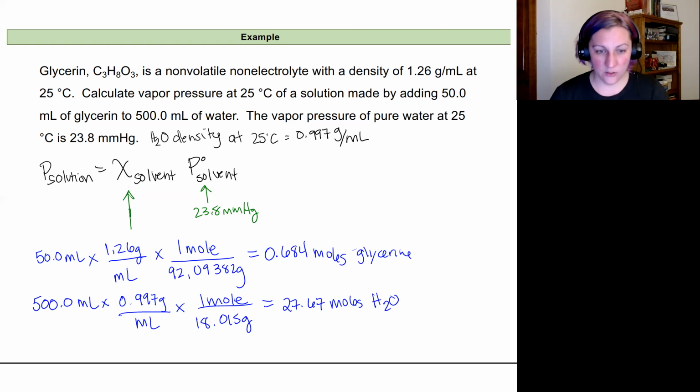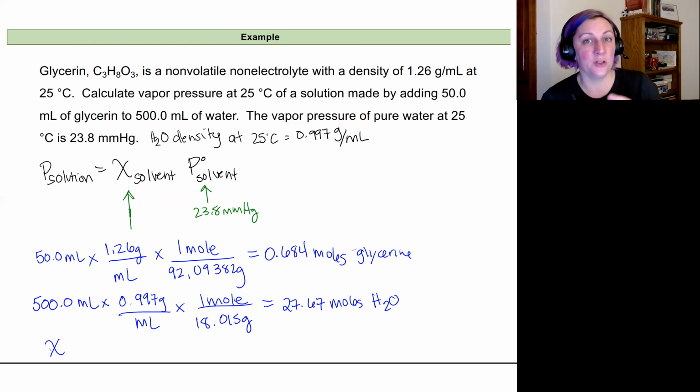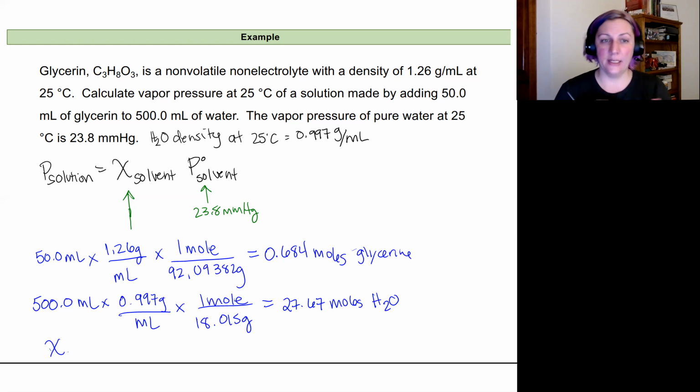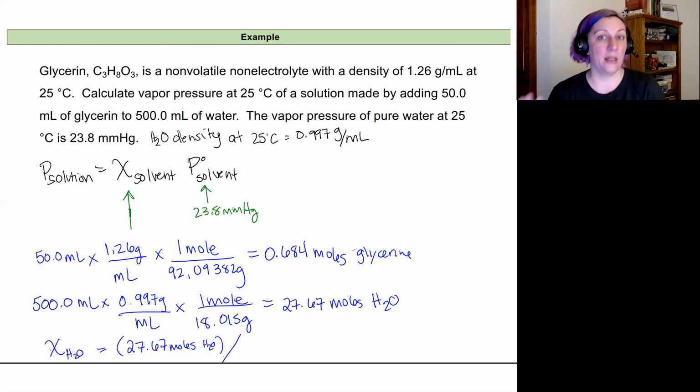All right, so now I can calculate that mole fraction. This depends on if you're doing it for the solute or the solvent, right? And I want it for the solvent. So that means it's going to be on my numerator, the number of moles of my solvent. So this is for the water. I'm going to take those moles of water and put that on the top of my equation. Now I'm going to divide by the total number of moles in my solution, which means adding together the glycerin moles and the water moles.